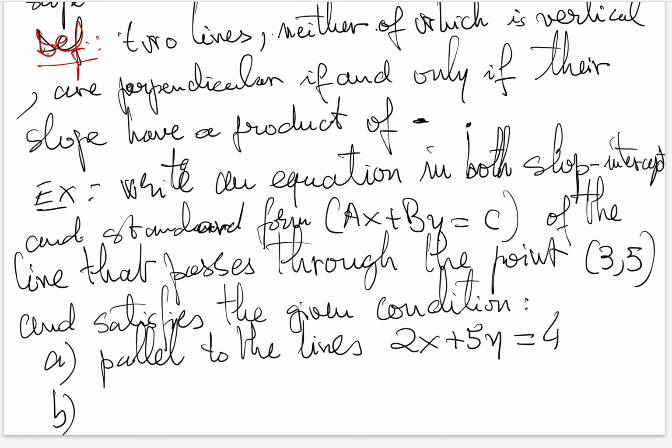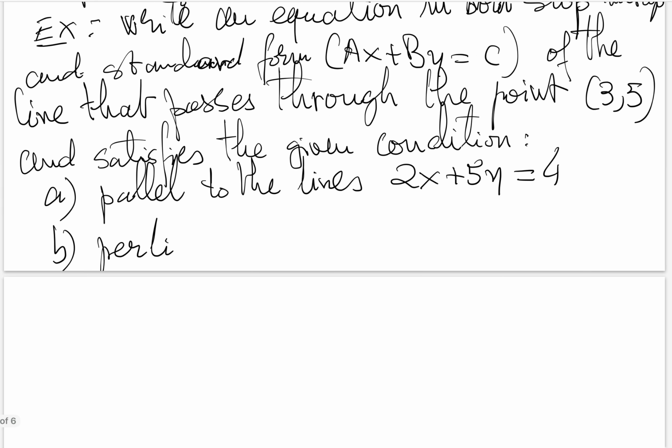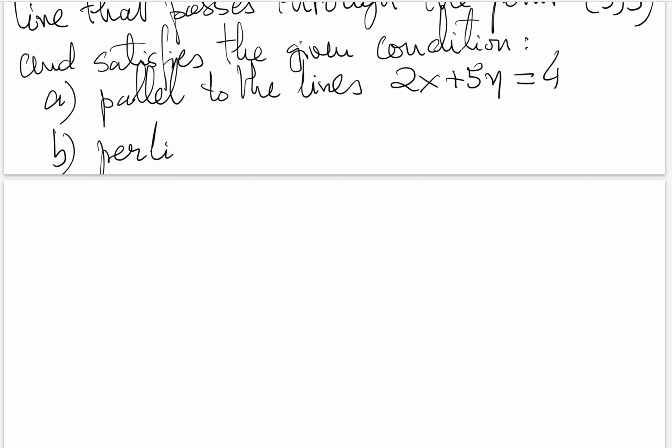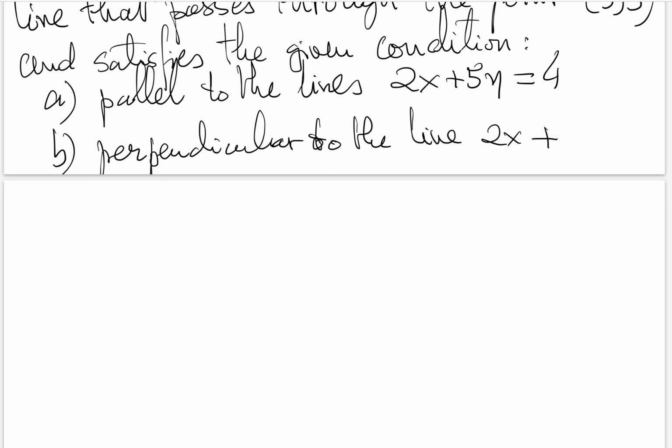B is perpendicular to the line 2x plus 5y is equal to 4. Okay, you have this one.